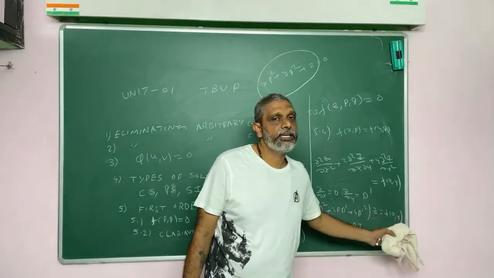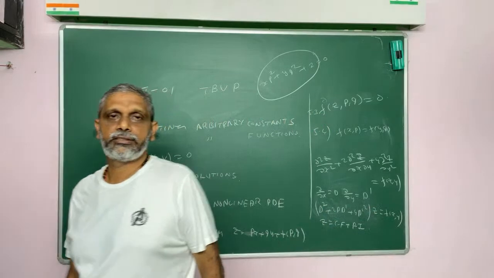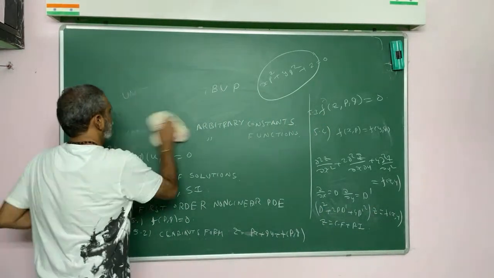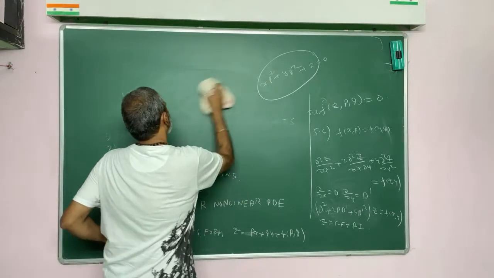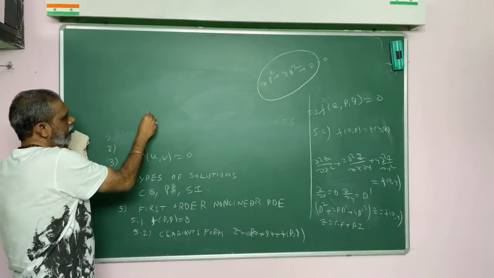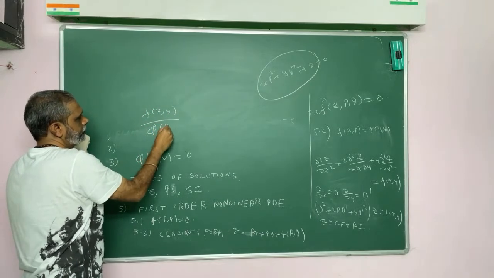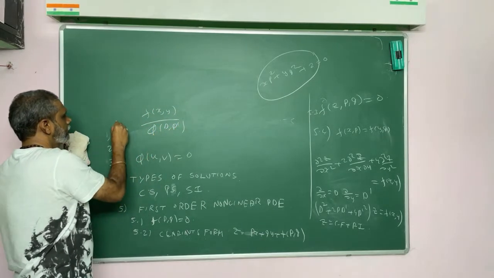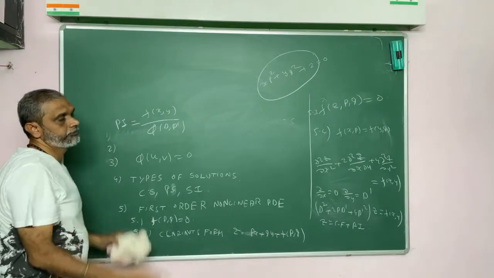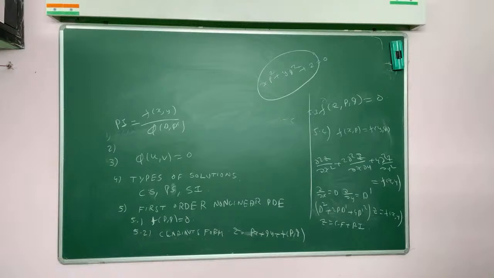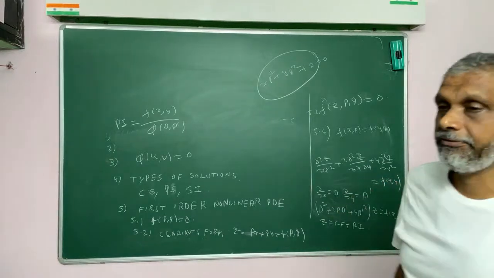When you get the PI, if the right side has any function f of xy, it may have different shapes.